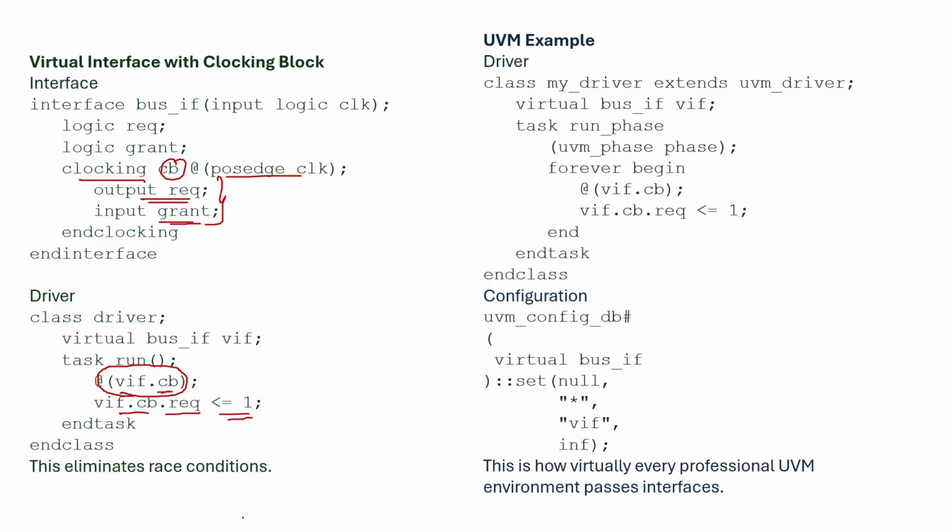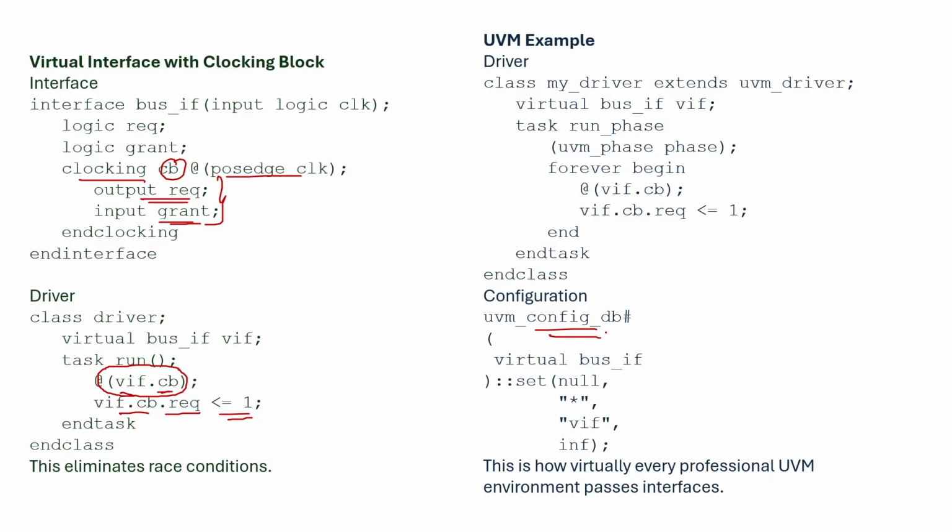And then we are setting the config DB. ConfigDB is a configuration database. It is a centralized database. We are setting the centralized database in your top and calling it in the below test bench components. That will be explained in your UVM.